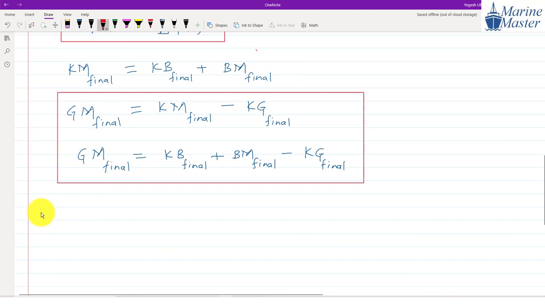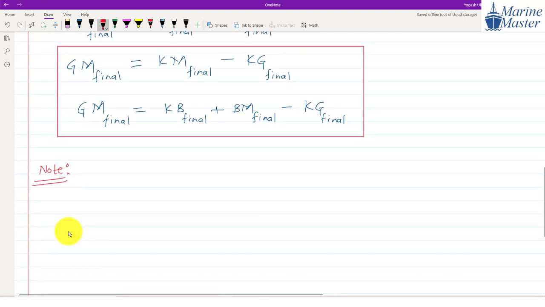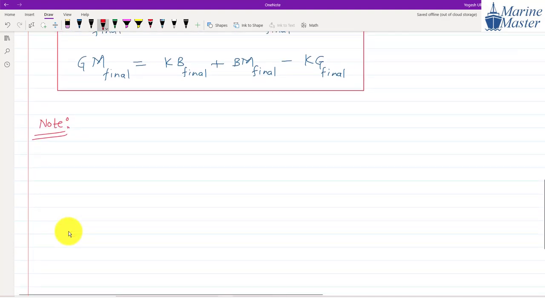Now the next point, the next note that we are going to study. Everyone try to see the scenario. This point is quite important, very important. Listen to this note.